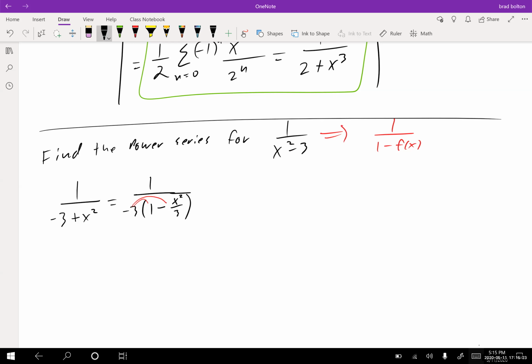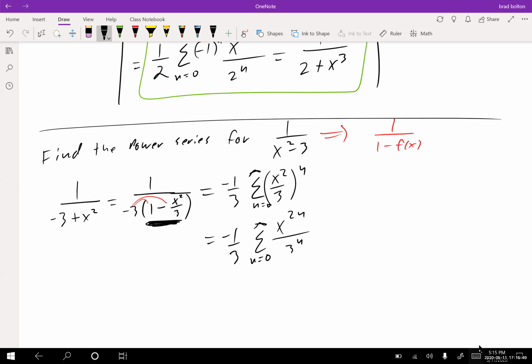Okay, so now that means that I should be able to write this as negative 1/3 times the power series. And remember, I have 1 minus f of x, right? So that means my power series this time is x squared over 3 to the n. No negative this time. But then this is negative 1/3, the sum from n equals 0 to infinity. Now I'm going to clean this up a little bit. This is going to be x to the 2n all over 3 to the n.